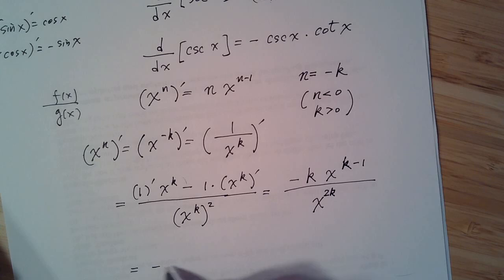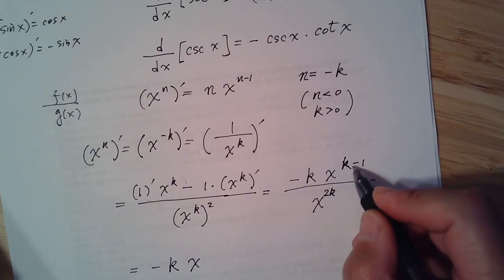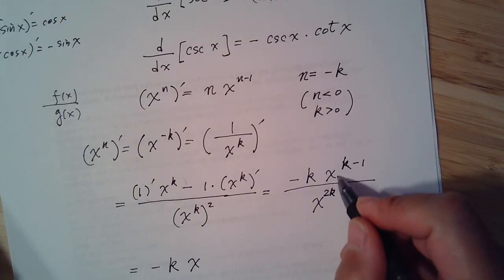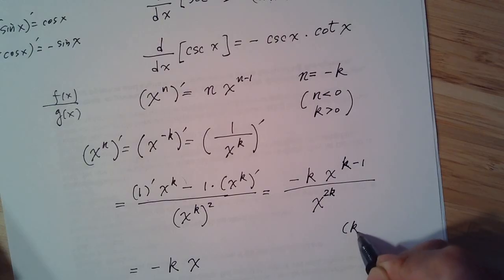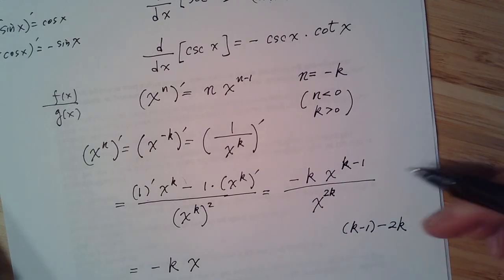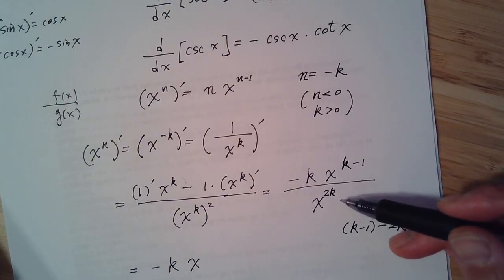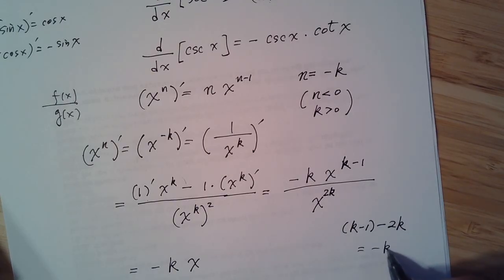Then I have a negative k, and let me simplify the power. Because we have x to the k minus 1 and the denominator, these two have the same base. Therefore, the new power should be k minus 1 minus 2k, the numerator's power minus the denominator's power, and that is negative k minus 1.